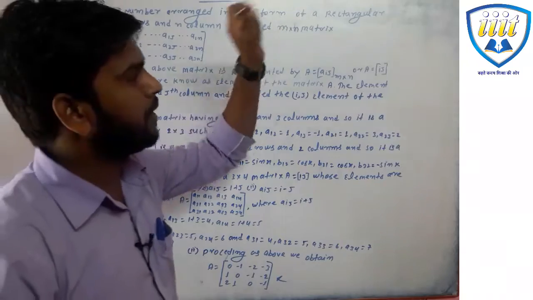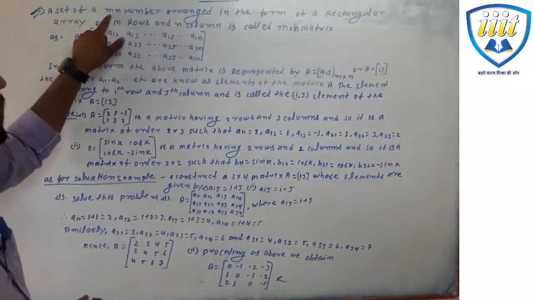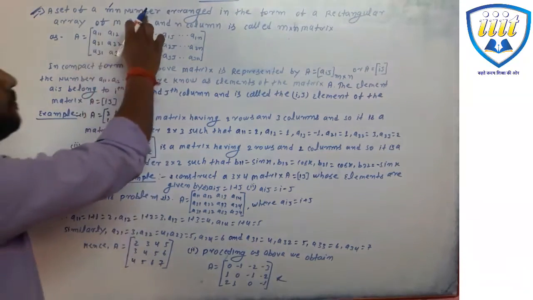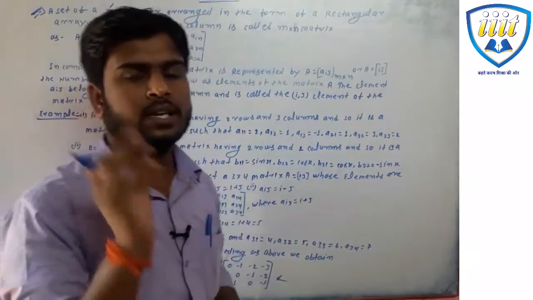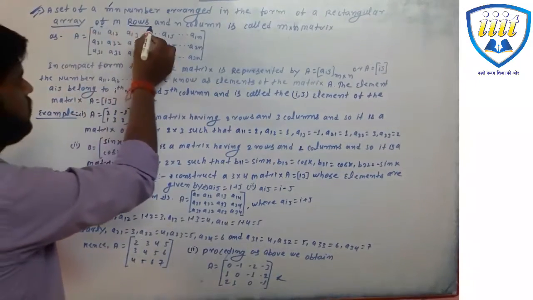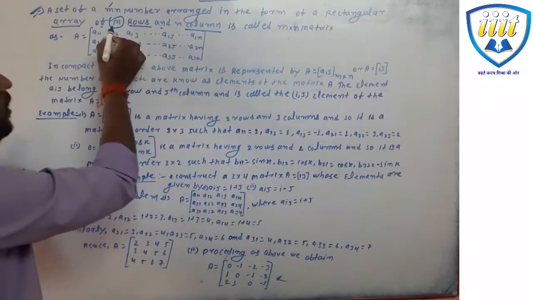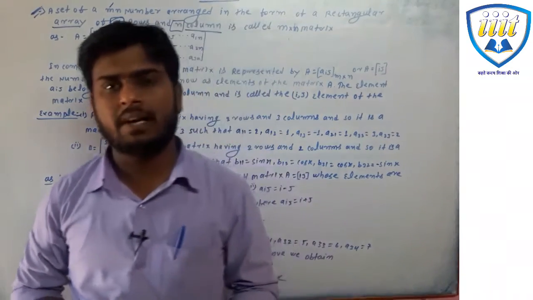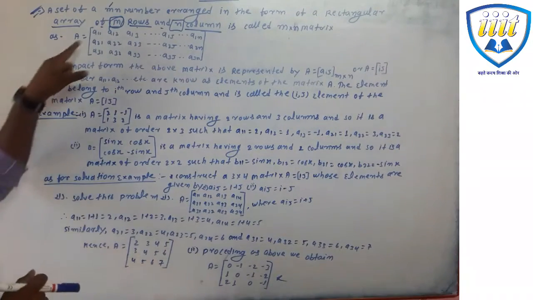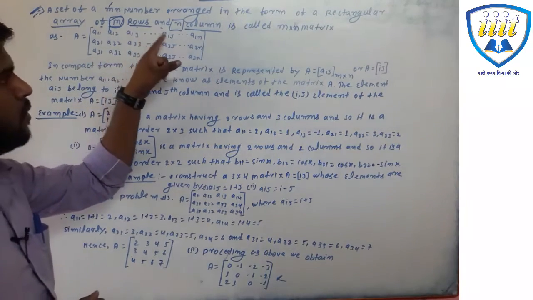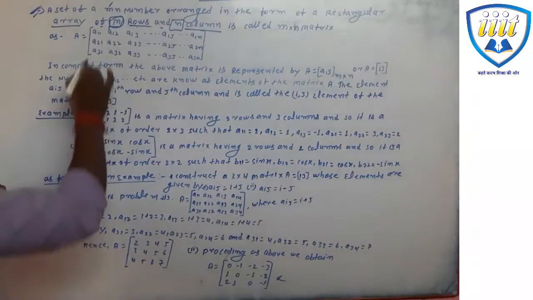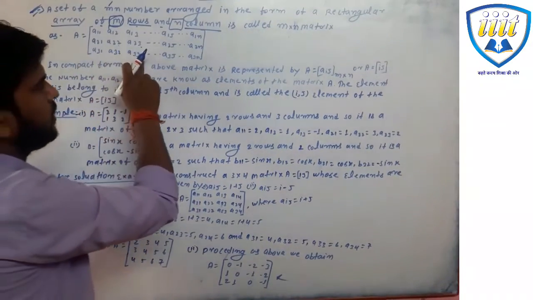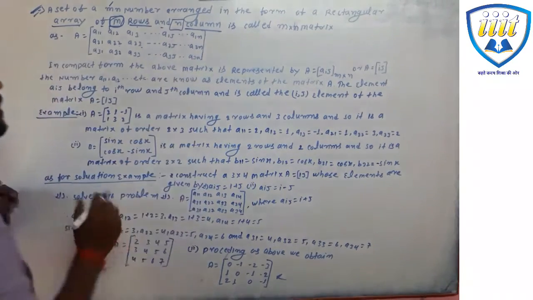A set of m n real numbers arranged in the form of a rectangular array of m rows and n columns is called an m by n matrix. As an example: a11, a12, a13, up to a1n, a21, a22, a23, up to a2n, a31, a32, a33, up to a3n.